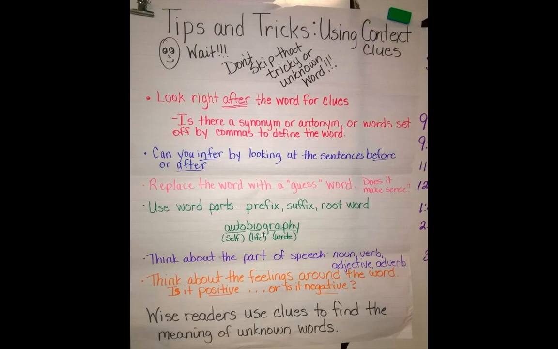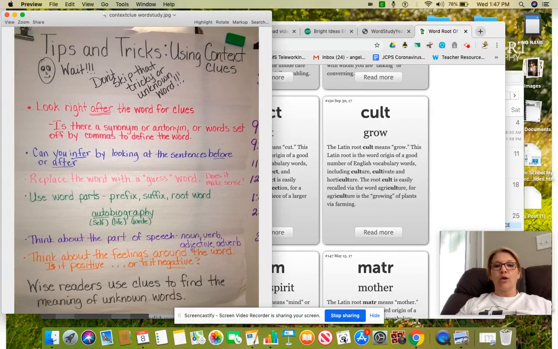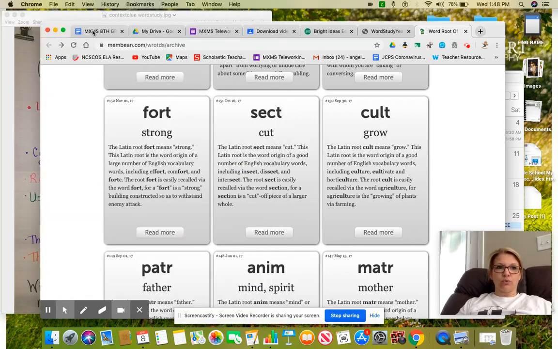So does it evoke some sort of feeling within you? But if you're wise, as this little clue says here, you'll use clues to help you figure out and understand what that word means, right? You will.